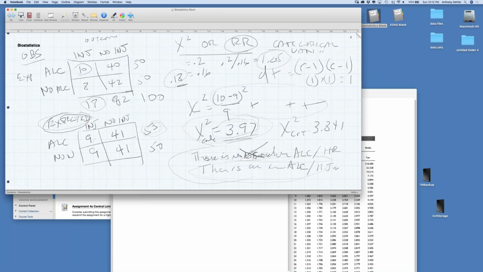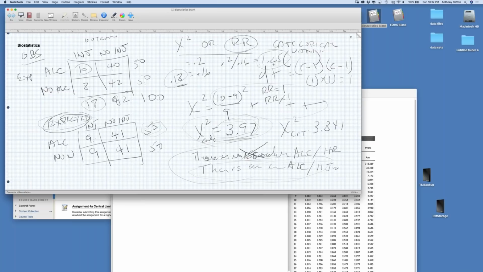Well, what is our null hypothesis there? Our null hypothesis is that the risk ratio is equal to 1. In other words, there's no difference between the rates for those 2 groups. Or our alternative is that the risk ratio is not equal to 1. And how do we determine whether or not we can reject the null hypothesis? It depends on whether our confidence interval is different enough for us to reject the value of 1.